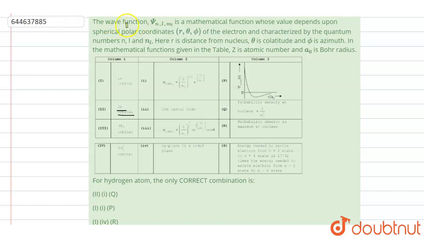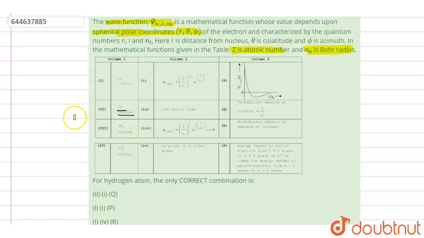Hello everyone. In this question, we have a wave function psi, which is a function of n, l, and ml. It is given in a spherical polar coordinate system, that is in terms of r, theta, and phi, where Z is atomic number and a0 represents Bohr's radius.